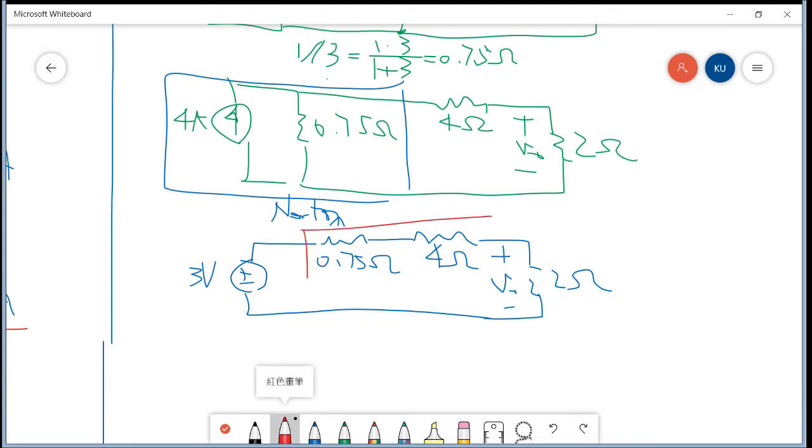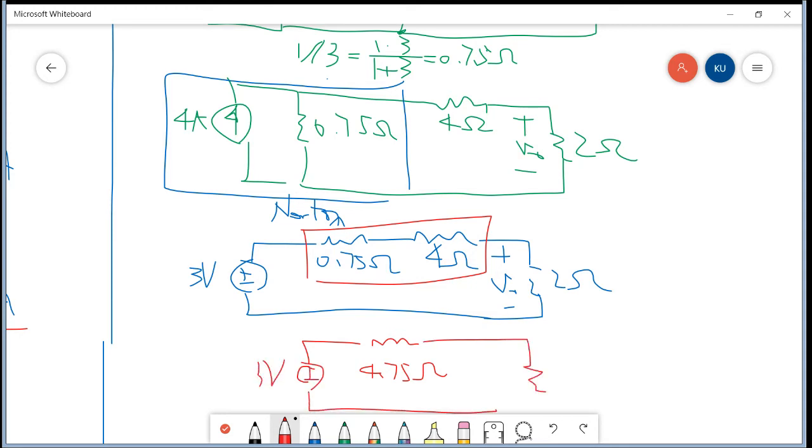And then these two are in series, so it will become 4.75 ohm. This is 3 volts. This is VO, 2 ohm. Okay, something like this. So finally, we can simplify VO to be 3 times 2 over 4.75 plus 2.